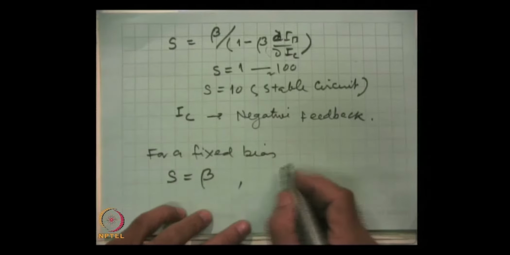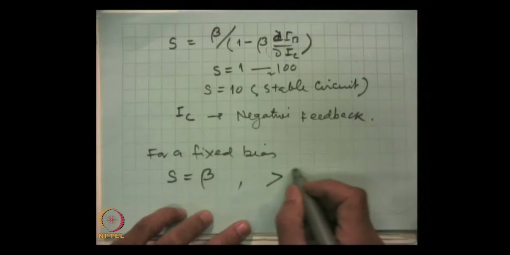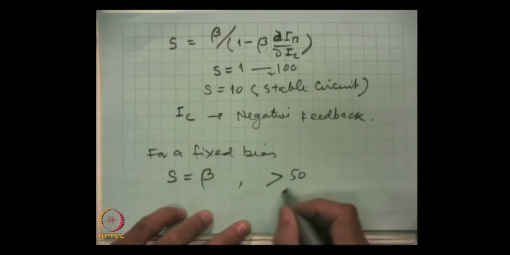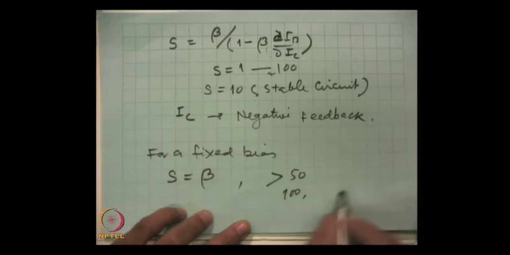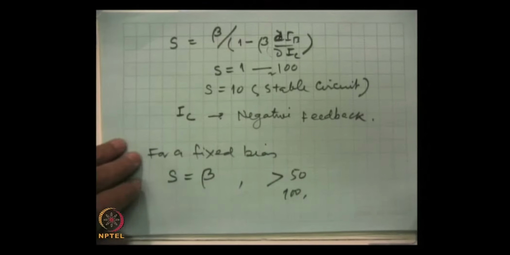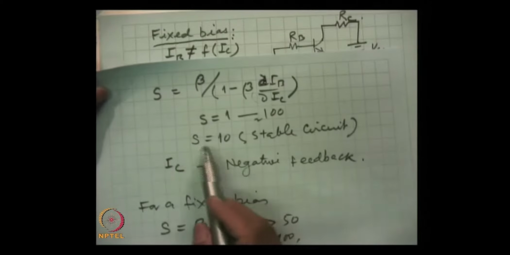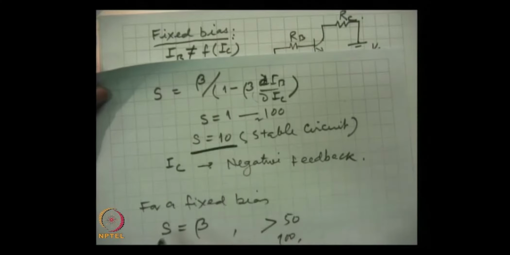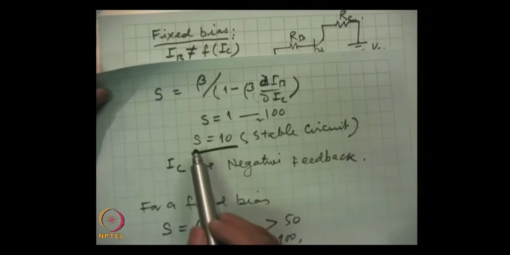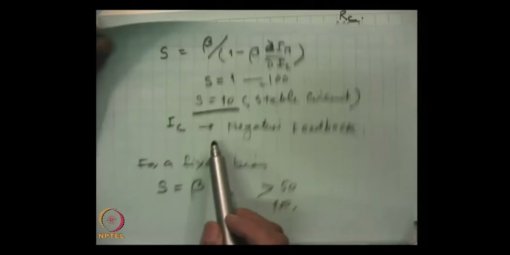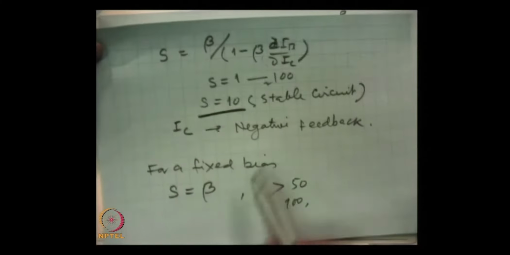For all practical transistors, beta is higher than 50, and normally 100, 200 and so on. So, this is a highly unstable circuit. I have mentioned here that for stability this factor S should be around 10, but equal to beta is very high.